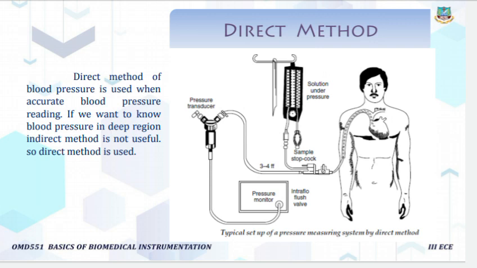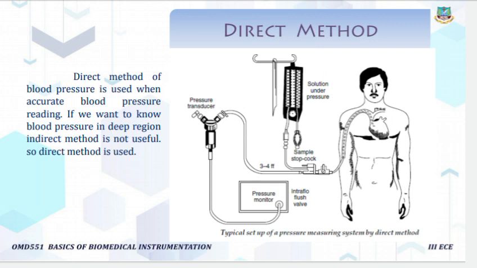So the blood is taken from the vessel using the catheter tip, then the pressure exerted is transmitted to the pressure transducer. The output of the transducer is given to the pressure monitor. The transducer converts it into an electrical signal. Here one strain gauge pressure transducer is used.